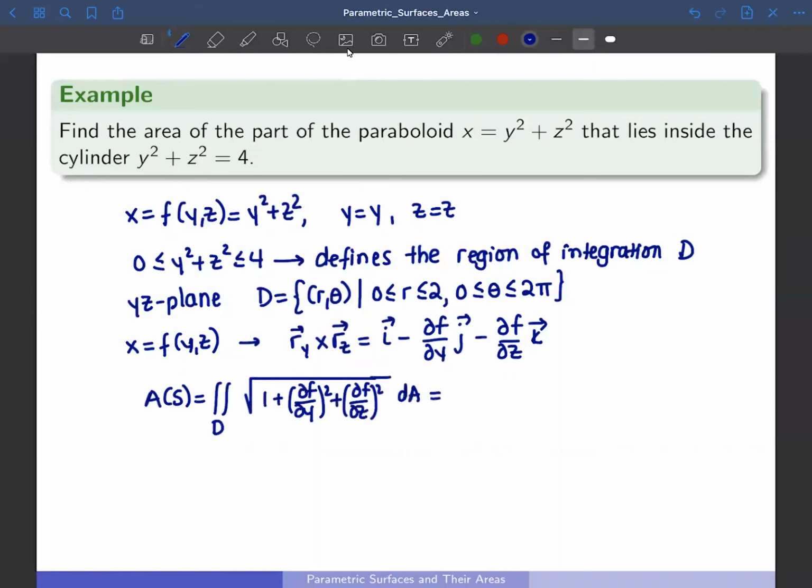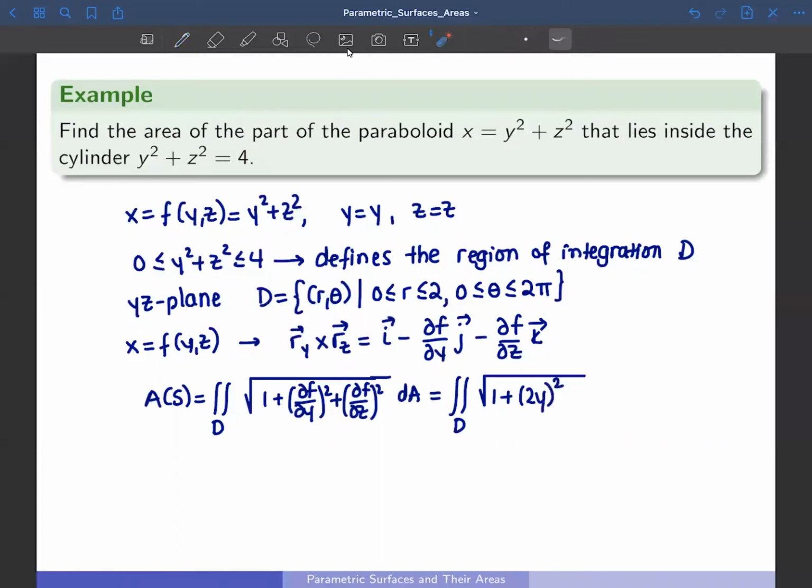So this is equal to the double integral over the region D of the square root of 1 plus, for the partial f partial y, we have that it is equal to 2y, all squared.